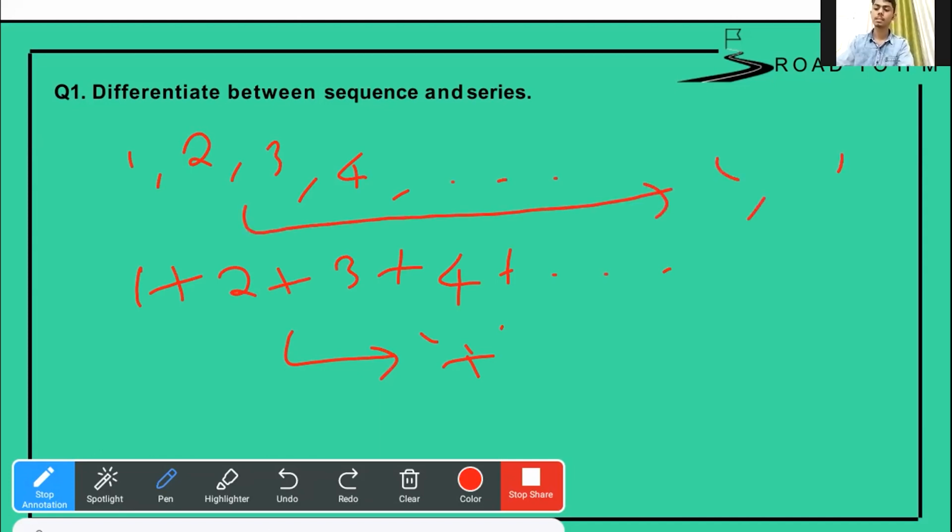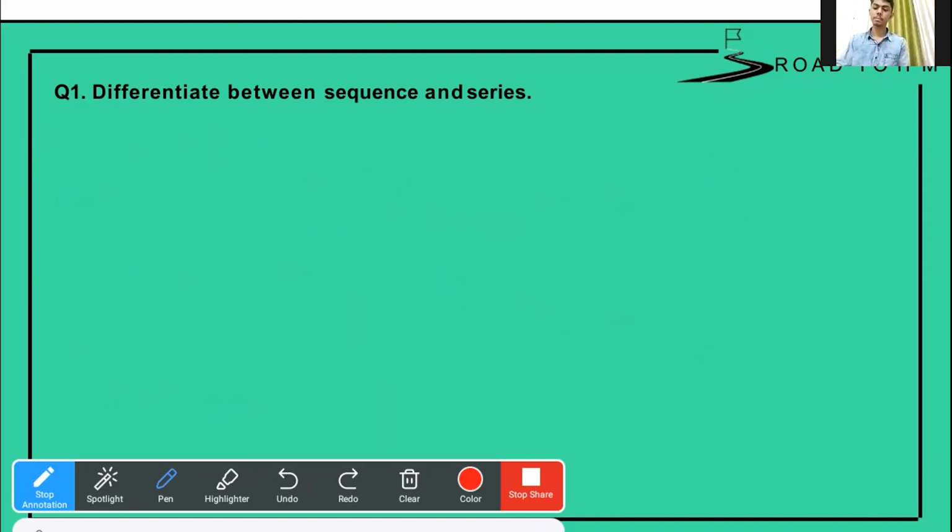That's it. This is a sequence. Ignore the terrible handwriting. This is a series. So series is a sum of the terms of a sequence. That's all there is to it. I hope I made myself clear.